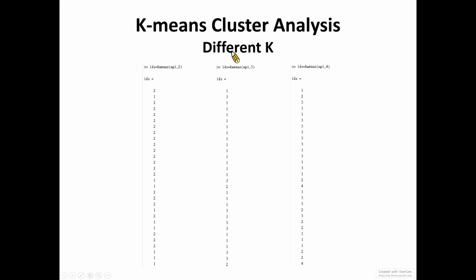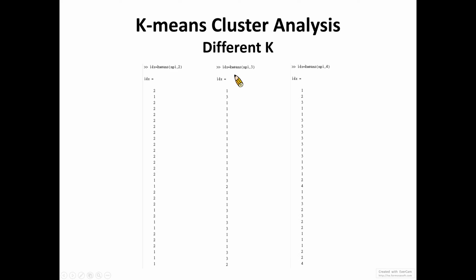And also, you can try to assign a different number of k in this command. In this case I'm just using two clusters, but you can also specify that you want to classify the data into 3 clusters or 4 clusters. Then I show you one of the results I obtained from this round.